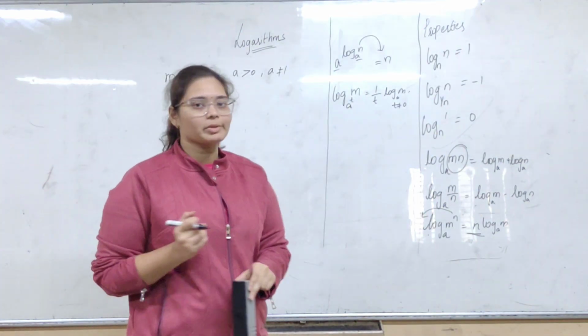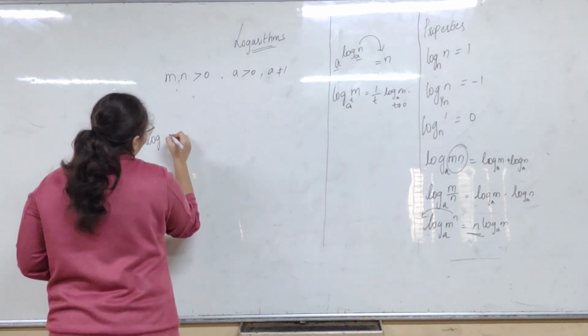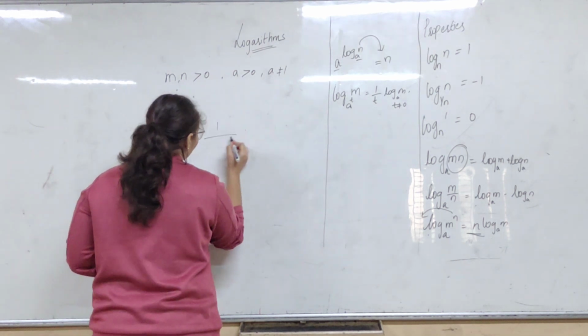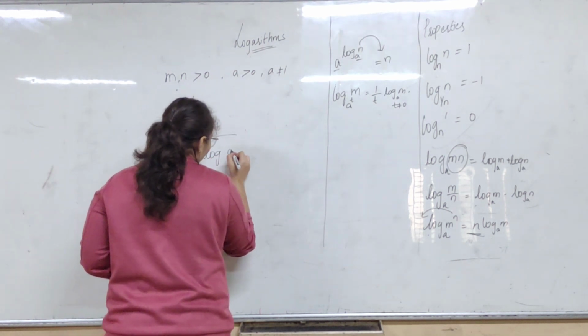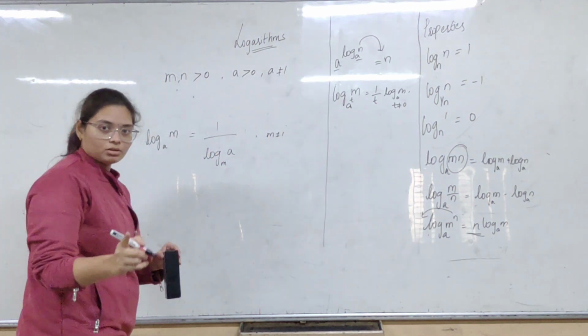Now let's go to the next property, that is log m to the base a is equal to 1 by log a to the base m, where m should not be equal to 1.